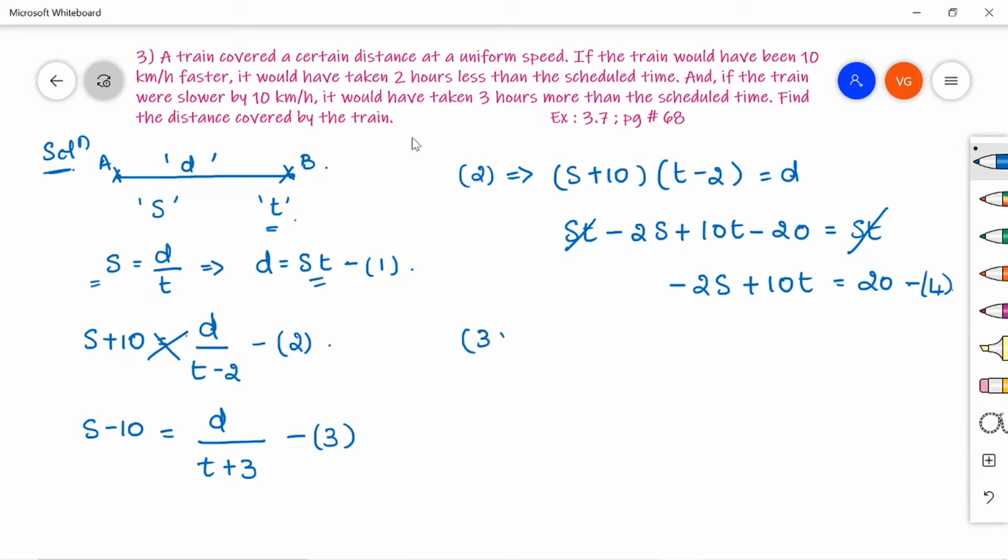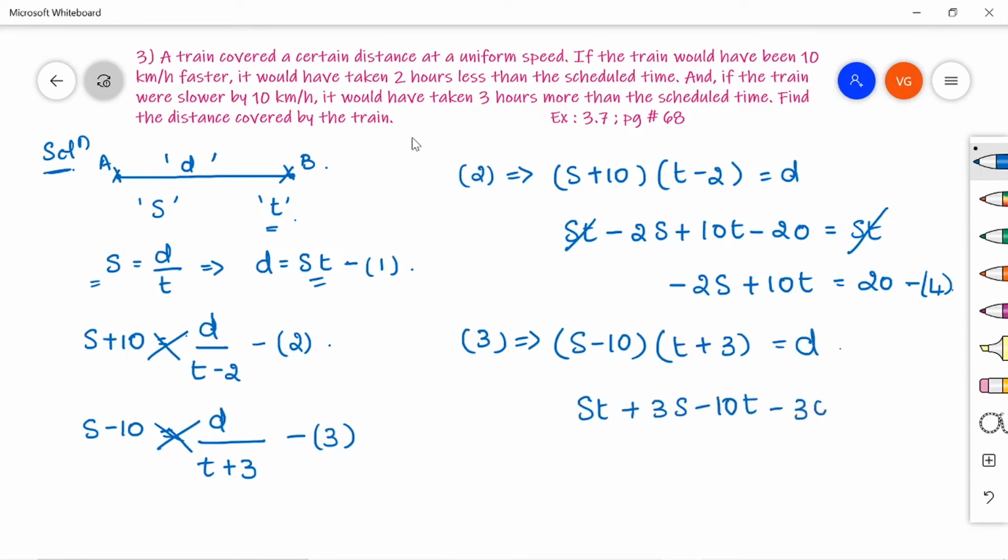Again, take equation number 3, s minus 10 multiplied by t plus 3 is equal to d, cross multiply again, right? Multiply here: st plus 3s minus 10t minus 30 is equal to, in place of d again I will write st. So this will get cancelled.